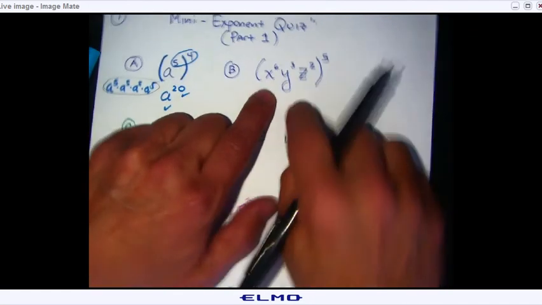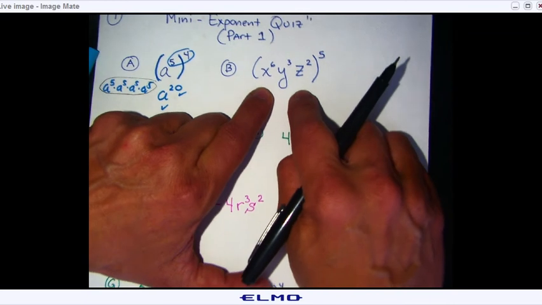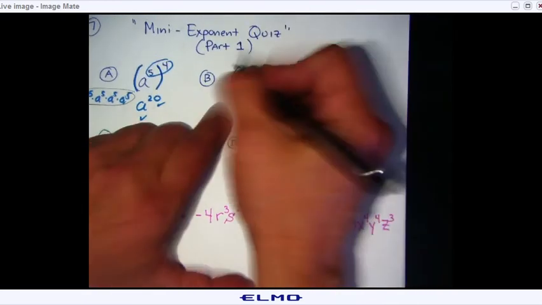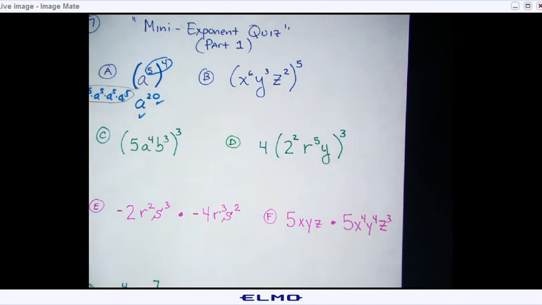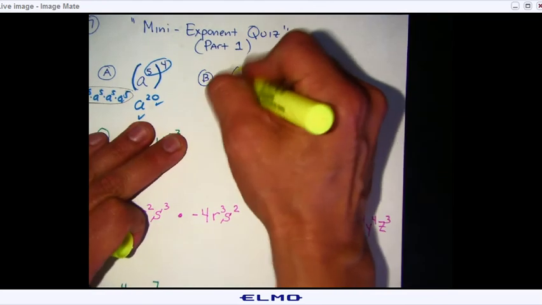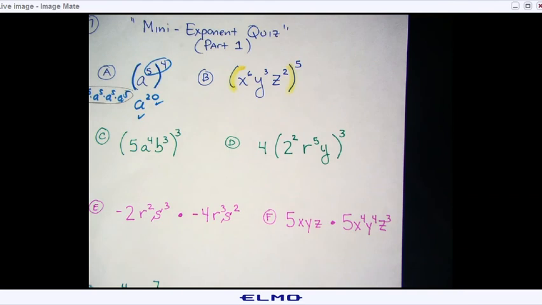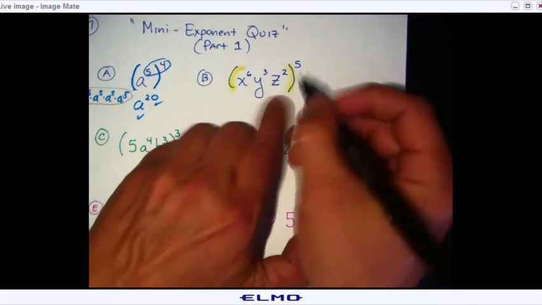Now on the next one, some of you guys did it the long way, which is great. But remember, you've got parentheses and you've got a power to a power. Remember, this is all in parentheses, so what are you going to do? You're going to multiply the power to a power.